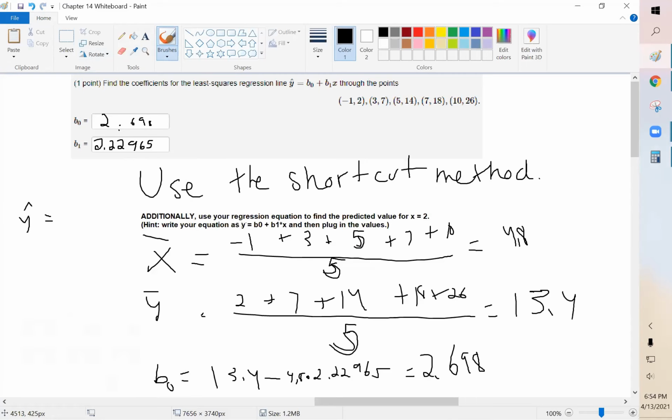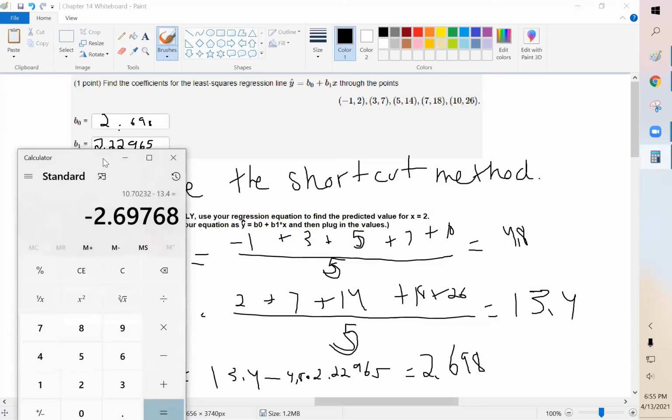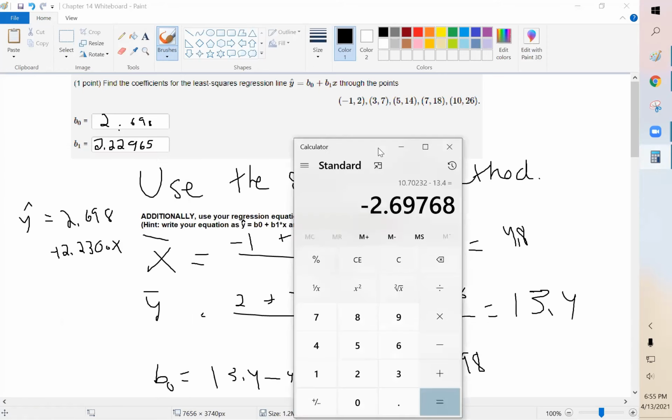So now we put it in our regression form. I'll put the hat here, but technically you can't type the hat. You have to write it out yourself. Our predicted Y value is equal to 2.698 plus our B1, which we can now round, 2.230, times X. It asks us to find the predicted value for X equals 2.